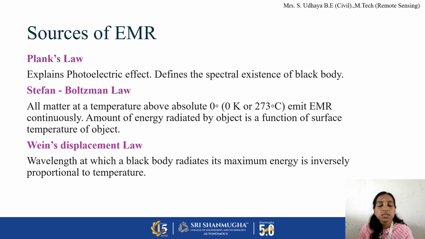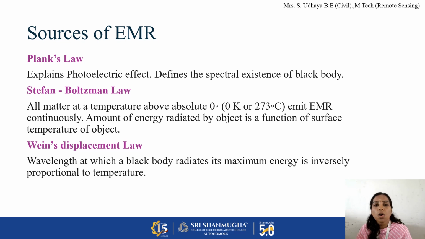There are some laws which better describe the characteristics of electromagnetic radiation, which we would have studied in physics also. The first is Planck's law. Planck's law explains the photoelectric effect and also describes the spectral existence of a black body. Next, the Stefan-Boltzmann law.